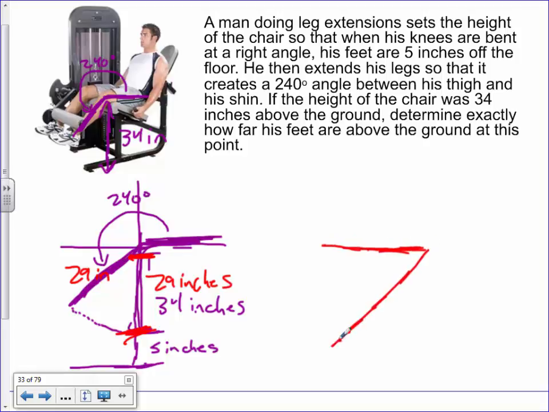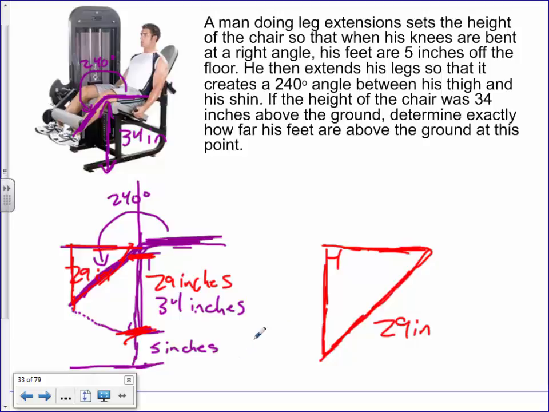Here's a triangle that looks like this. That's 29 inches. Does that make sense so far?